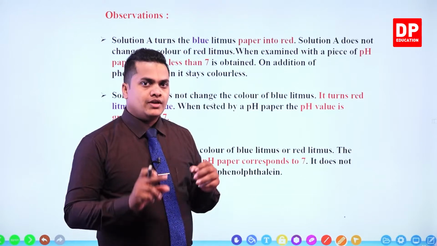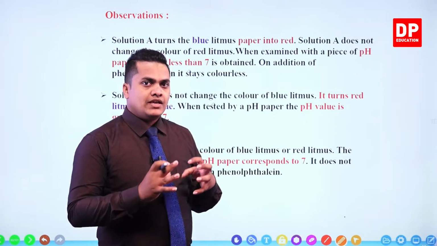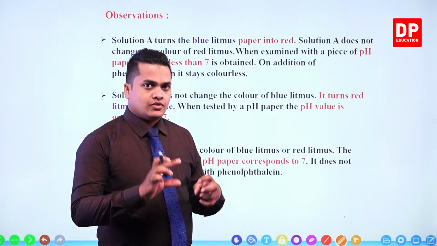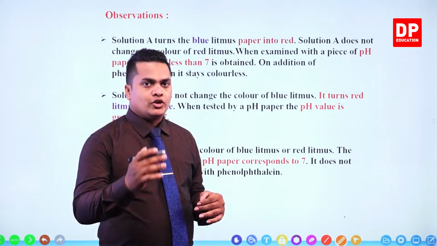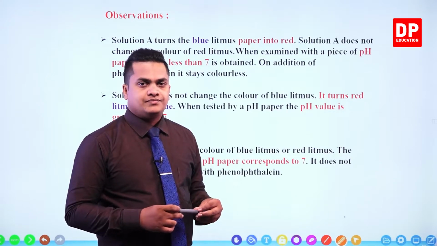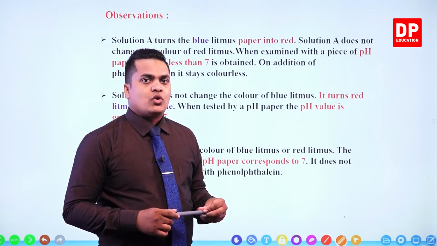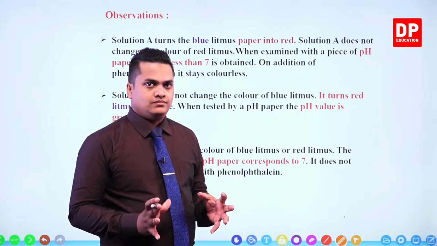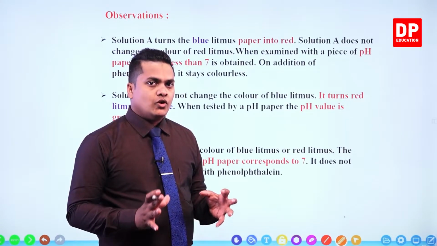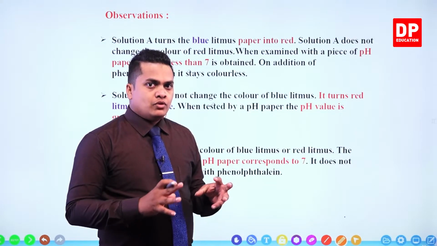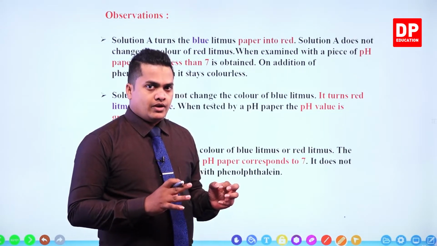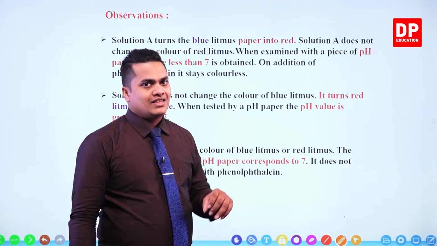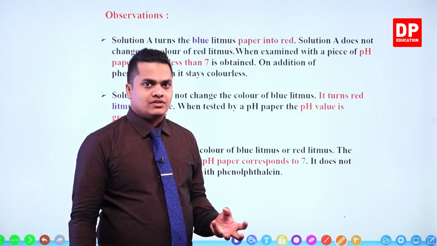If you put a piece of pH paper into an acid solution, the color of the pH paper is going to change into red color. So acid color is usually considered as the red color. Therefore, when you add blue litmus into an acid, blue litmus is going to turn into red color, but there is no such change in red litmus.